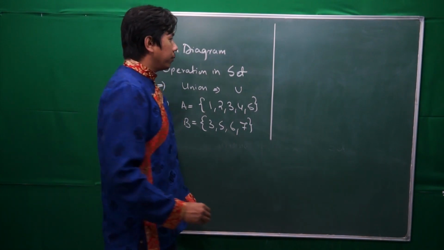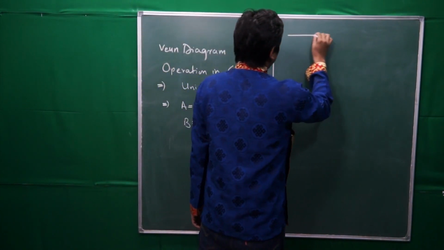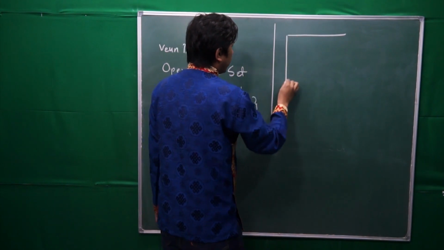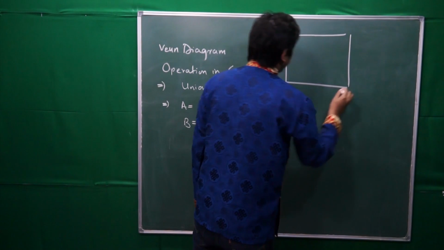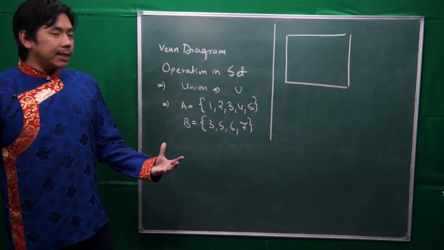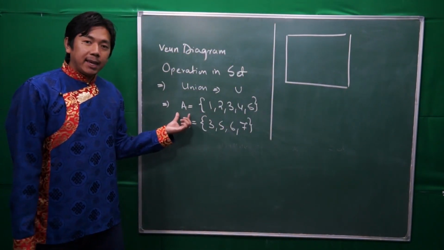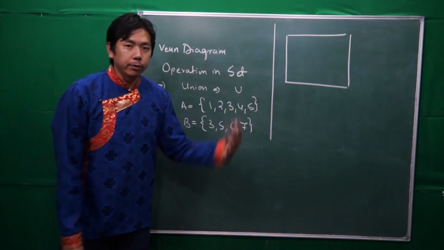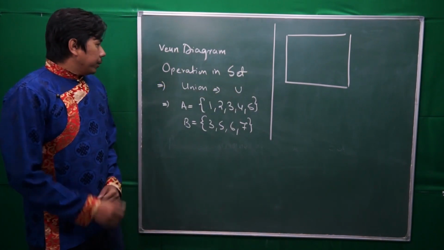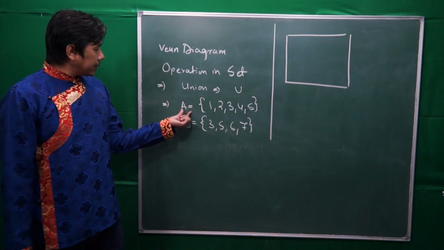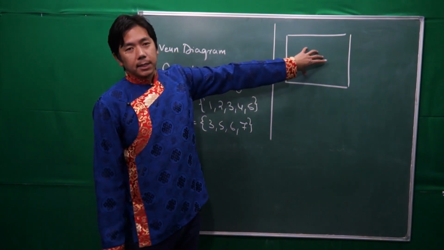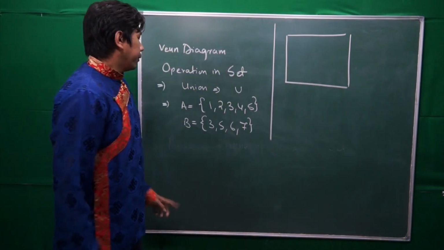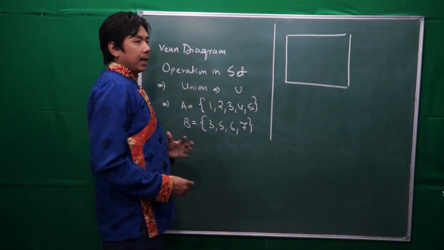If you remember what a universal set is, it is represented by a square box. This universal set contains all the sets, A and B included. Next, we have to represent set A and set B within this universal set. First, let's represent set A.